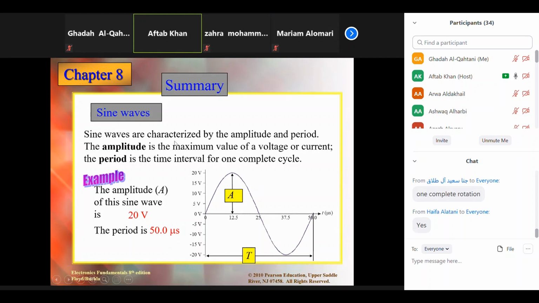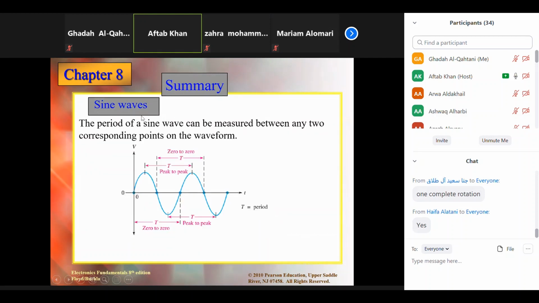Now, the sine wave period is not only measured from this zero point to another zero point. We can also measure at the different corresponding points. It could be from positive peak to positive peak, measured exactly at the center. This is peak to peak again, which is the time period.